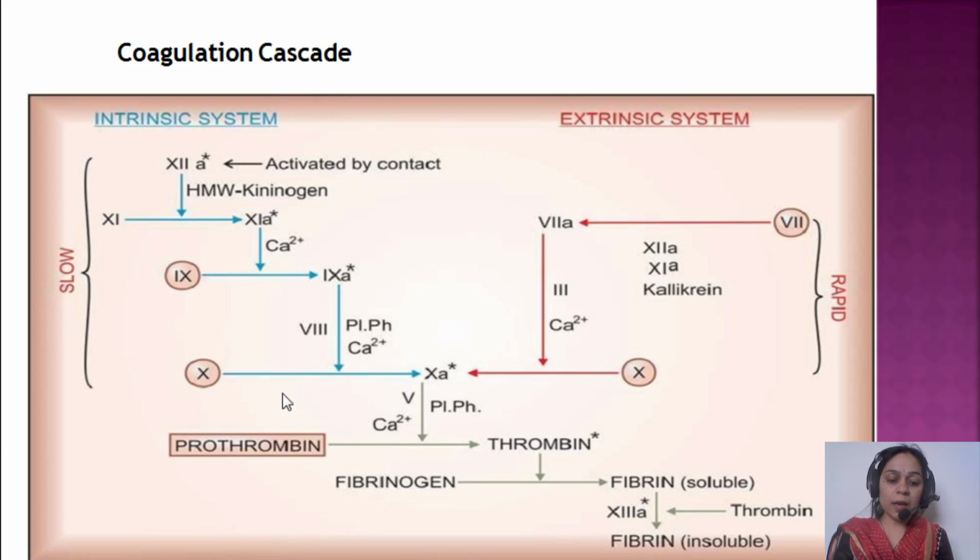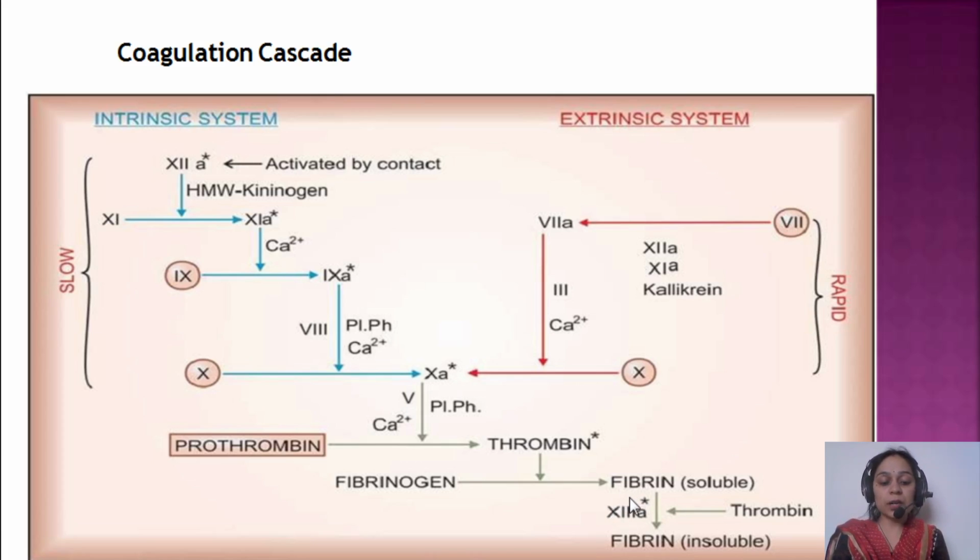So the final step in the coagulation cascade involves the conversion of prothrombin to thrombin by factor 10A. Thrombin in turn catalyzes the conversion of fibrinogen to soluble fibrin, which then becomes insoluble fibrin through the action of factor 13A. 13A is a transamidase enzyme.